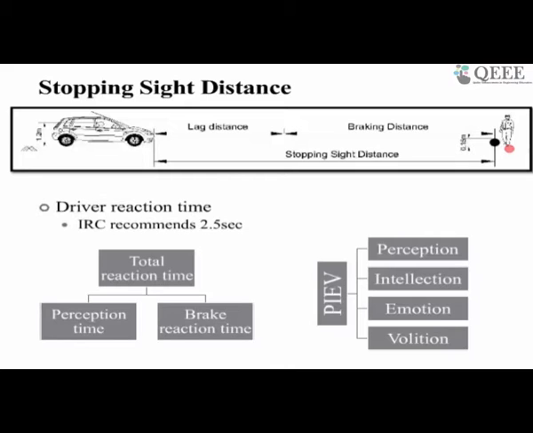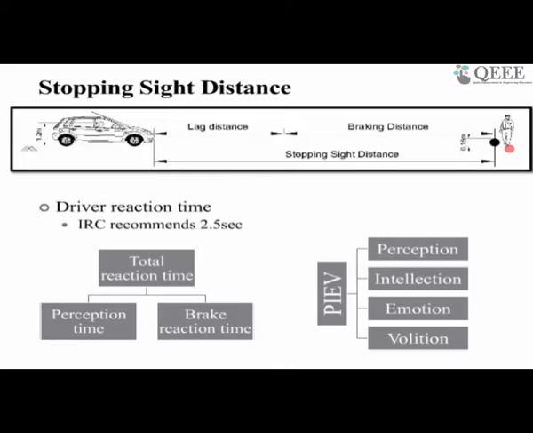This will again take some time, and this is the emotion. Once the emotion is fully developed, they are going to think of the action. Think of the action means, in this case, if they are stopping, they have to press the brake. That is their action. So that is the volition. And once they have decided, now they are going to apply the brake.